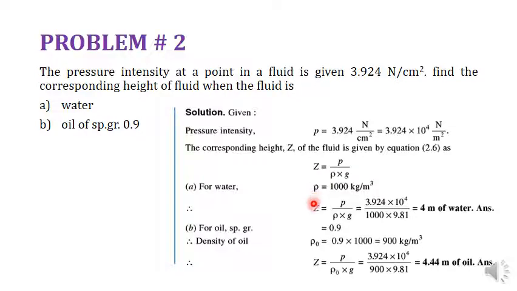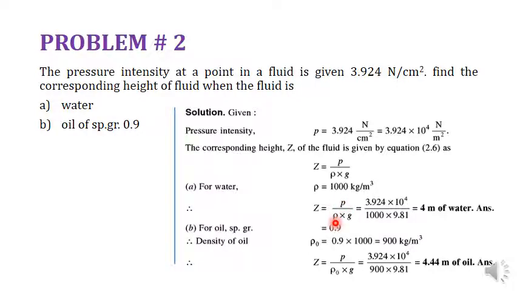In this way, h represents the pressure head. If the formula is established once, then only the inputting of the values is needed for the corresponding type of fluid. So for the water, the first one, the density is 1000 kg per meter cube, g is 9.81, and the pressure intensity is the given data.